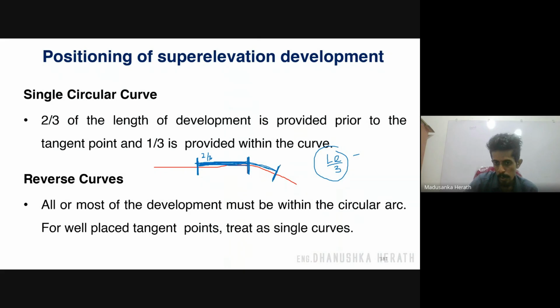That is how we position a super elevation. So we have to keep 2/3 of LE prior to the tangent point and 1/3 of LE within the curve.